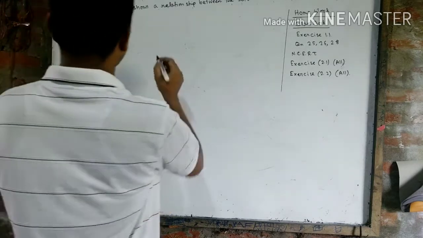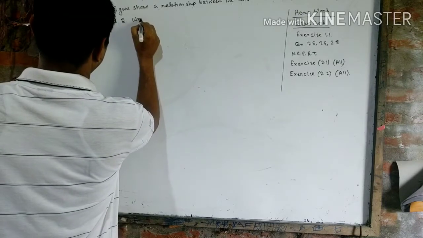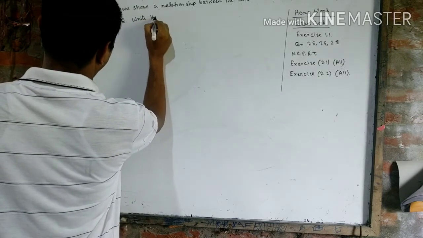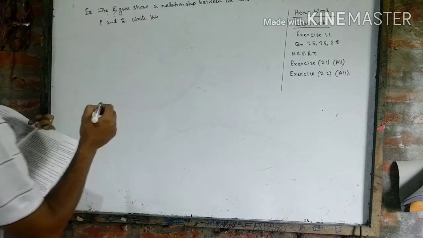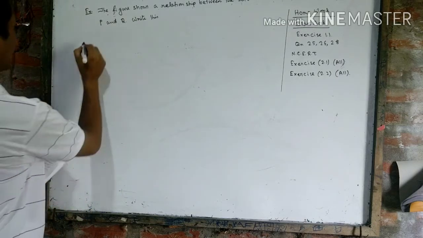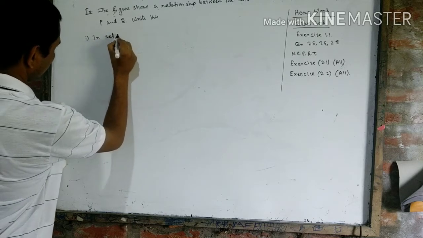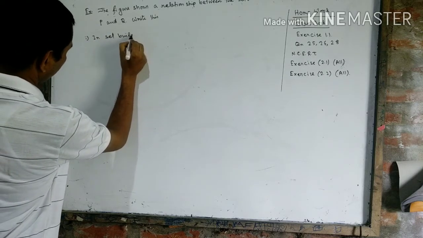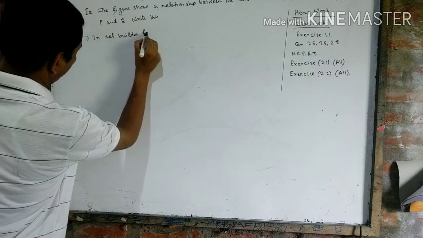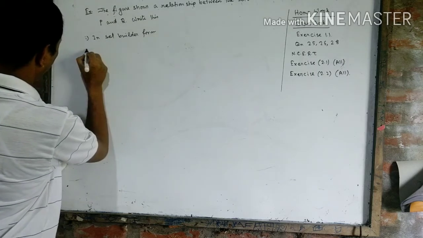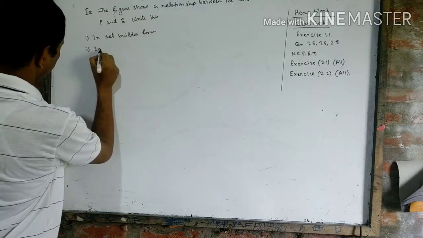Write the relation in number 1 in set builder form, and number 2 in roster form.